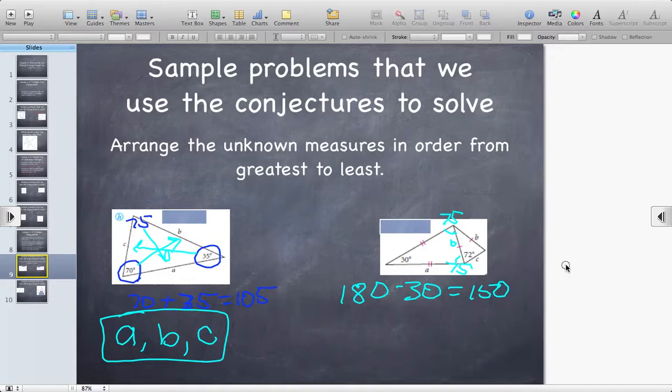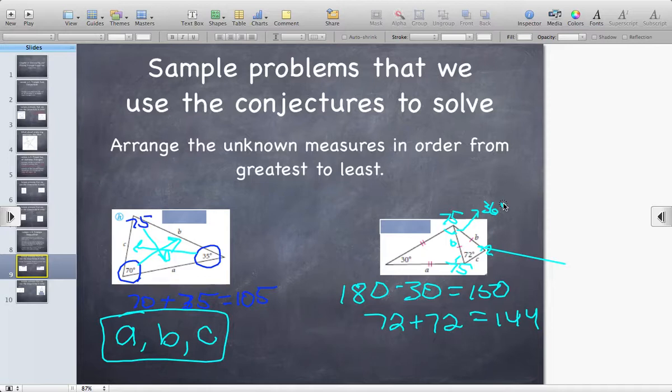All right, and then using, again, some isosceles theorems, we know that the angle opposite B would be 72 degrees. So then 72 plus 72, or 72 times 2, however you want to do it, would give us 144 degrees. Subtract that from 180, and you're going to get 36 degrees for that little angle in there.